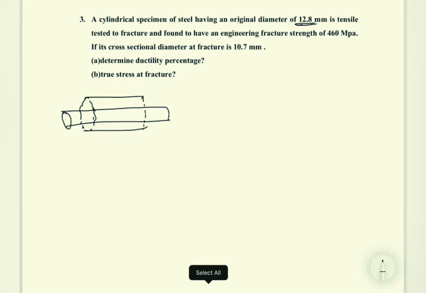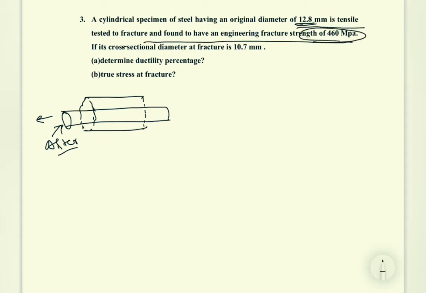So this is the initial, and this is after elongation, so the diameter is reducing. They are saying this is the fracture strength, and the cross section diameter at fracture is 10.7 millimeter. So the diameter is decreasing.